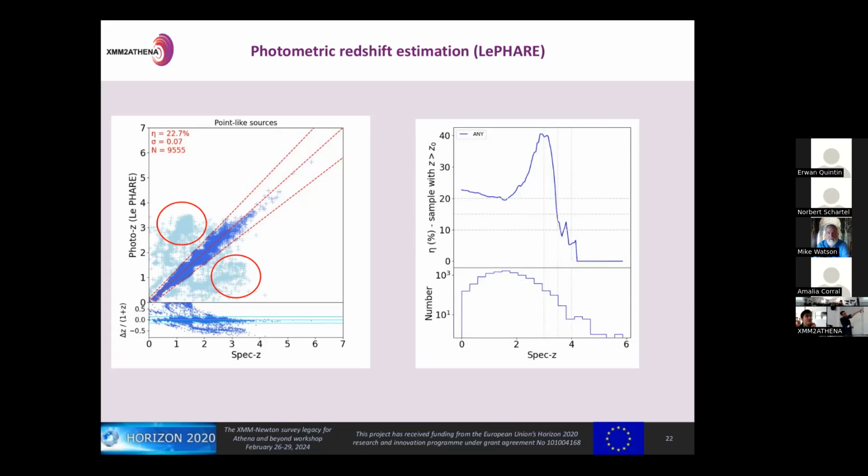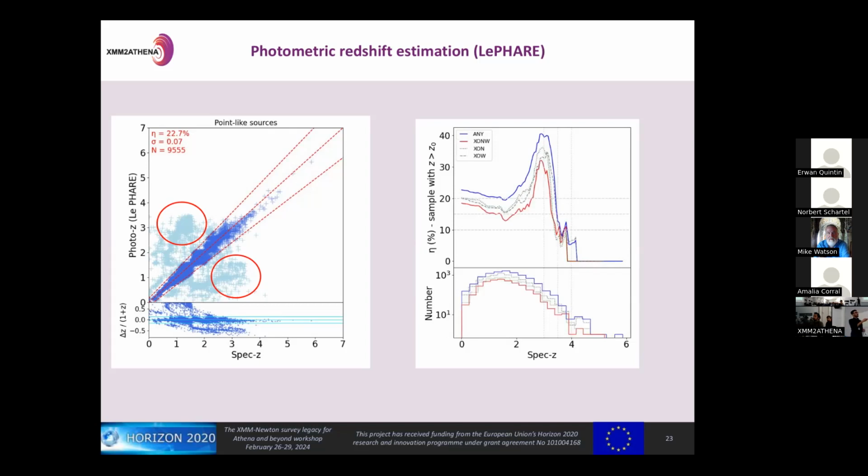So the blue line here is where we use a training sample with a spectroscopic redshift. And the blue sample contains sources with different coverage in photometry. So it might have DES, infrared, DES WISE, or a mixture.